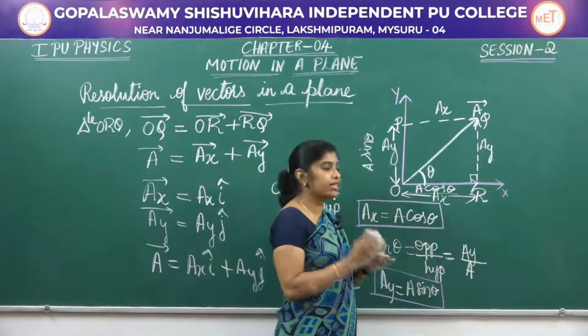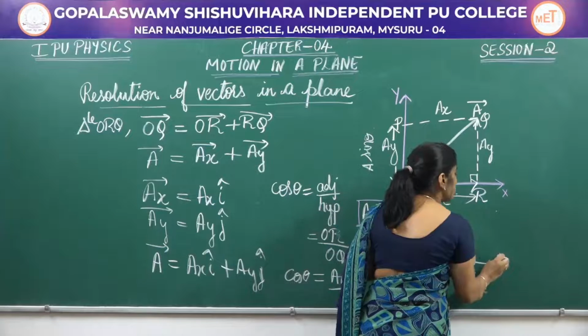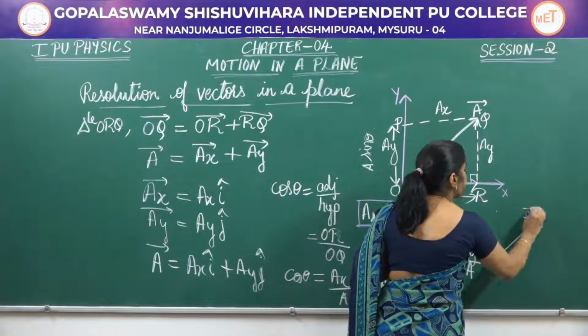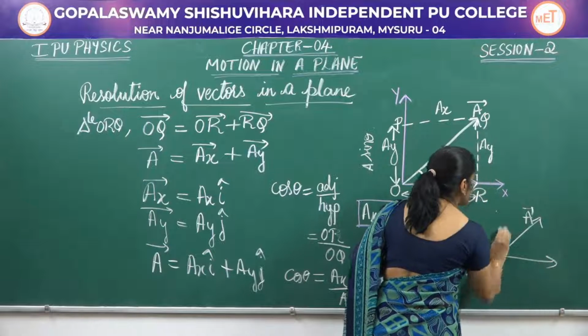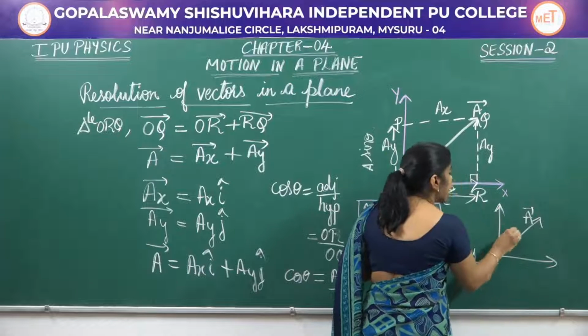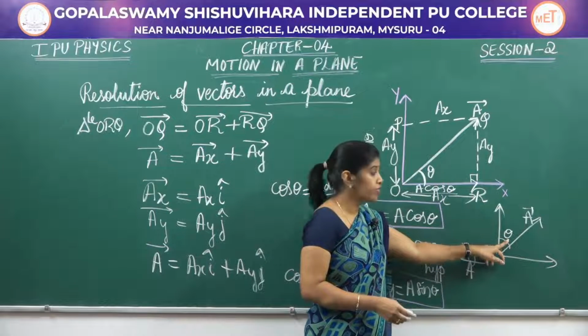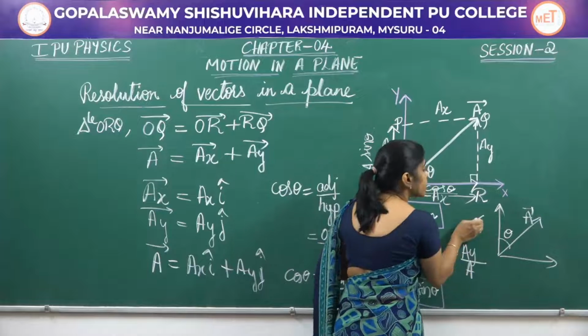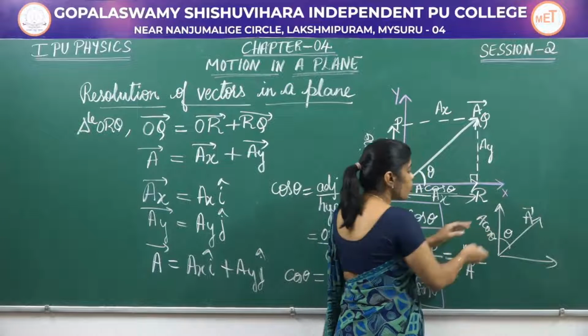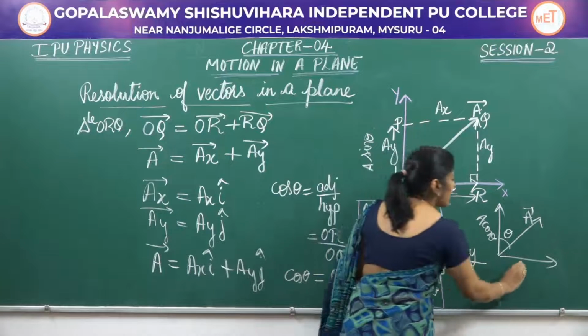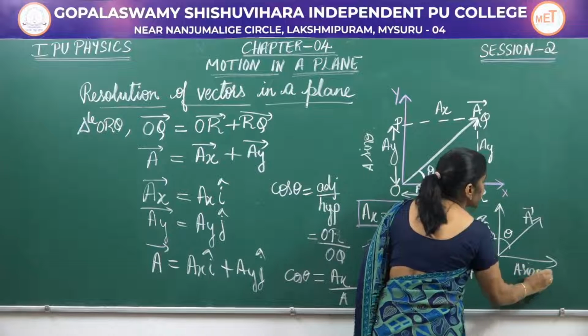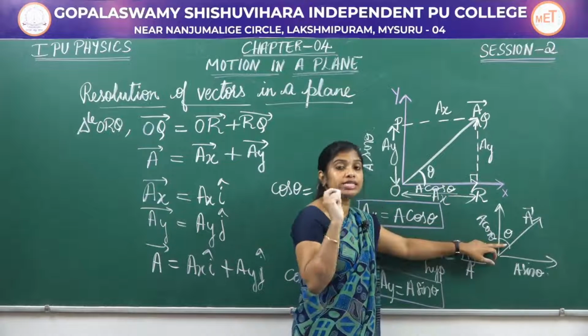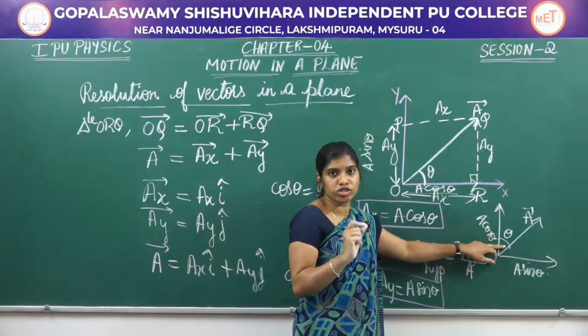So, let me consider another case. I have this vector A, these are the components, and I will mention the angle theta here, this side. Then this side becomes A cos theta, and this component becomes A sin theta. Where I am mentioning this angle theta is very important here.